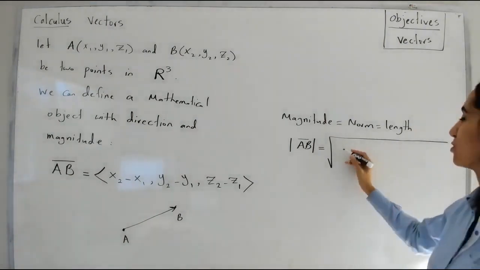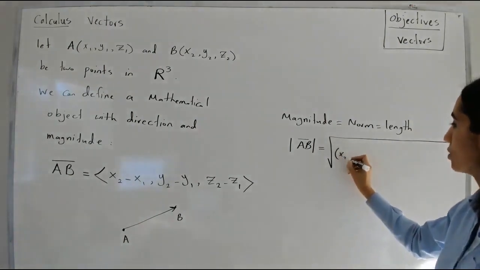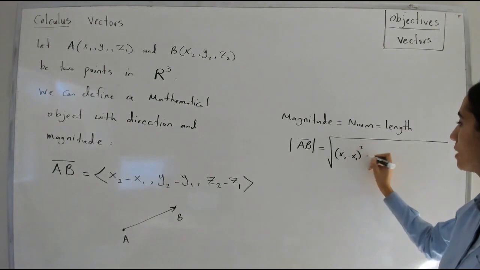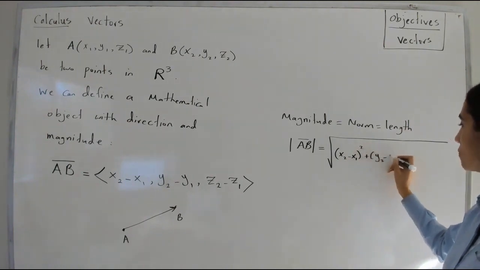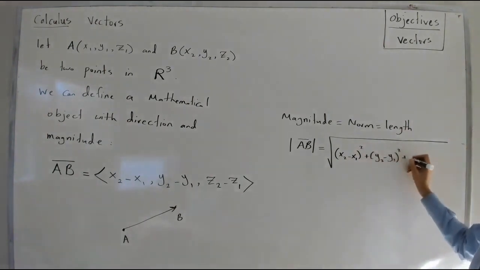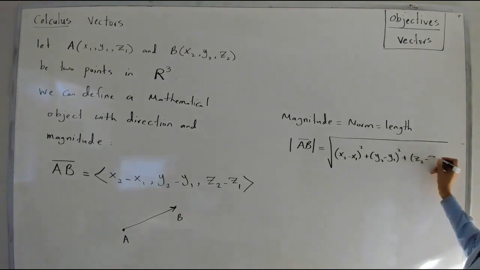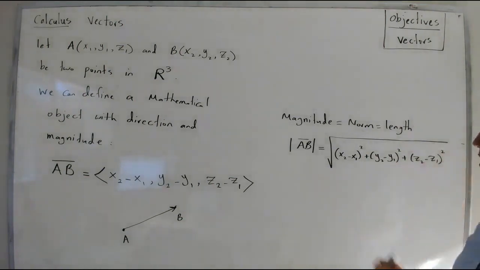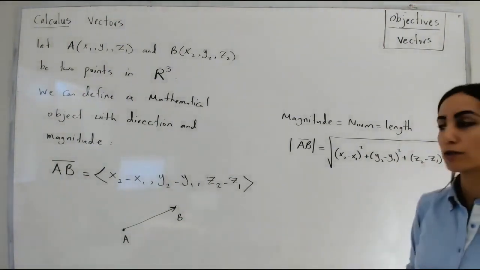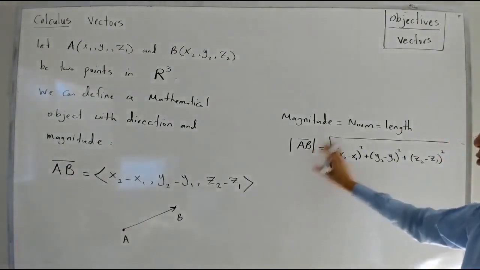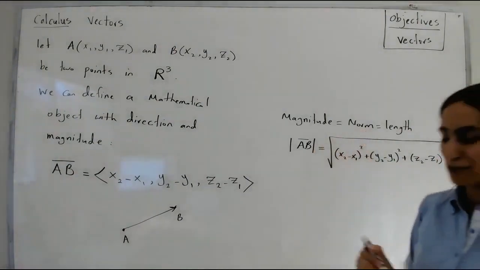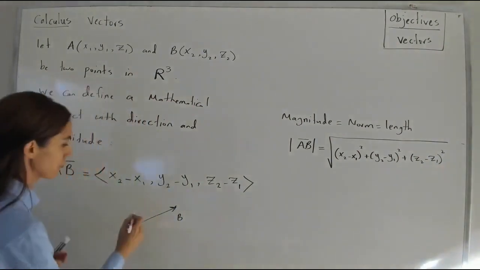Then add all together. So x2 minus x1 squared plus y2 minus y1 squared plus z2 minus z1 squared. As you can see here, we have square root, and this is the magnitude or norm or length of this vector.